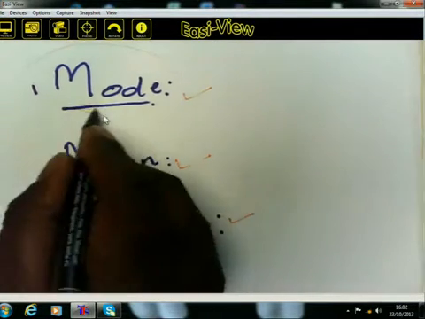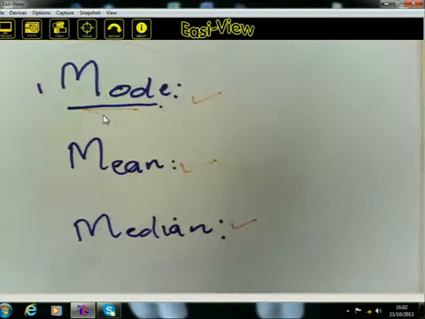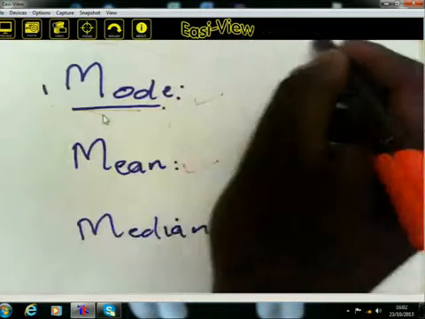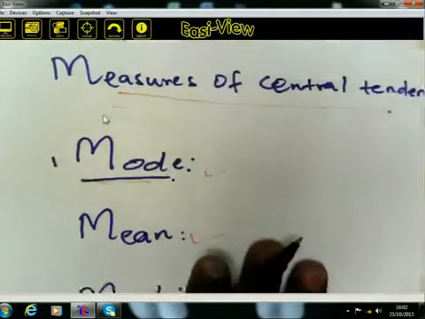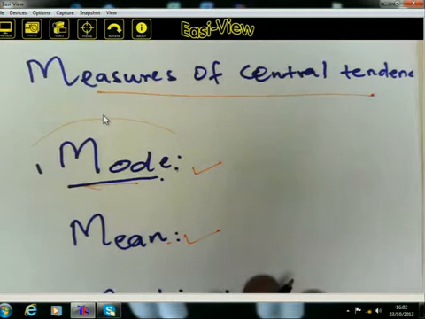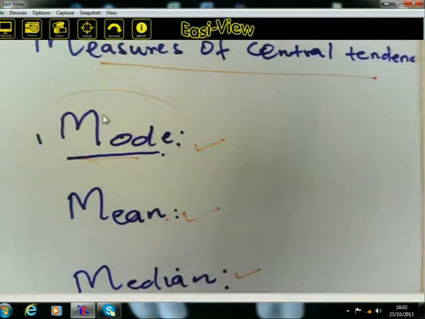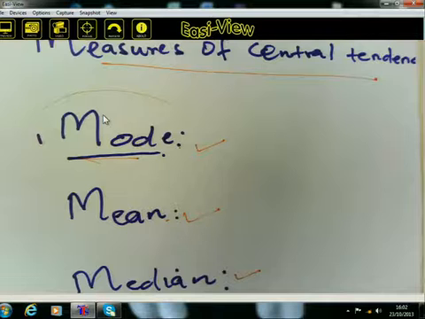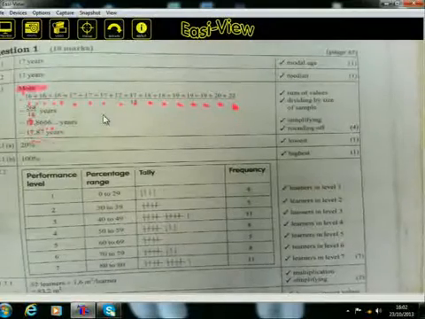Now we know how to calculate them, and that is very important. In data handling, we are having only these three first: mode, mean, and the median. Now, let's have a look at the other measure, excluding these three measures.